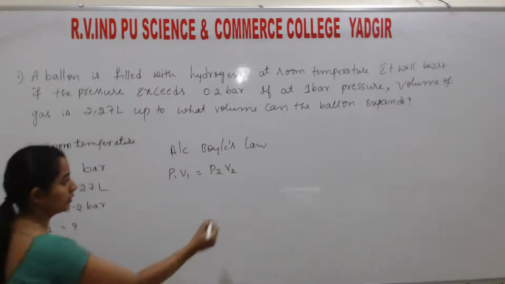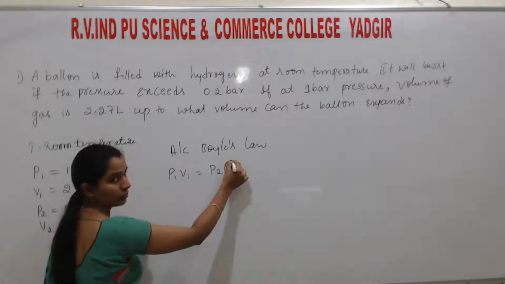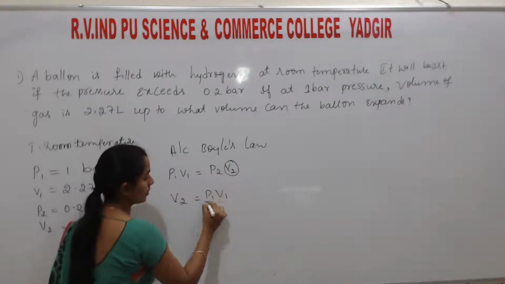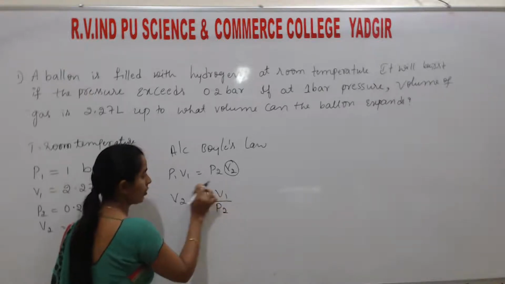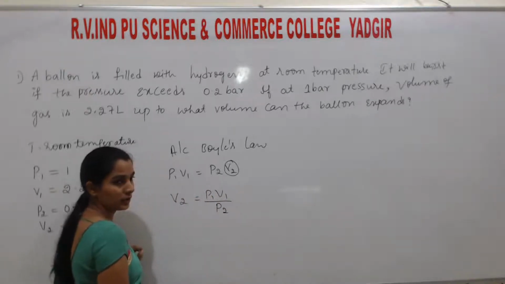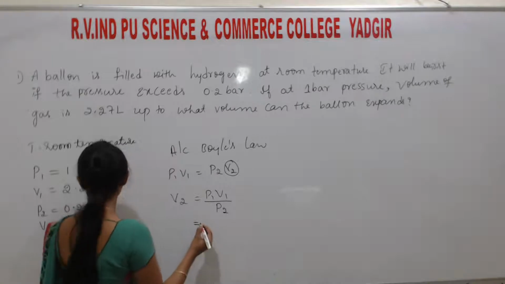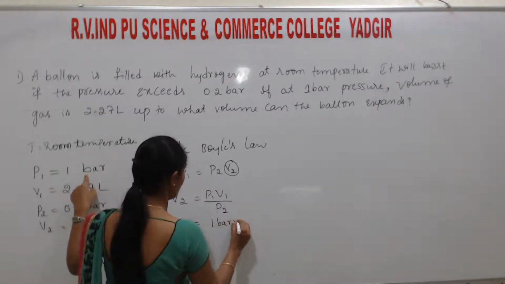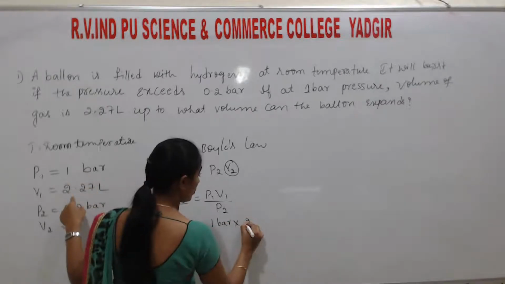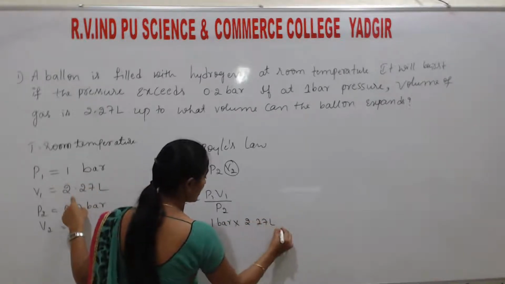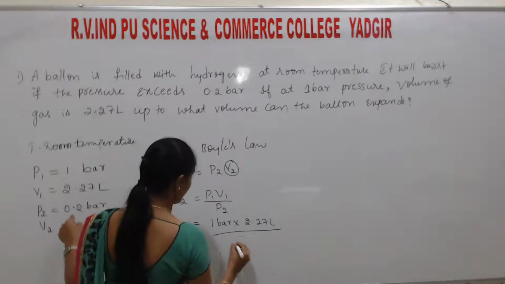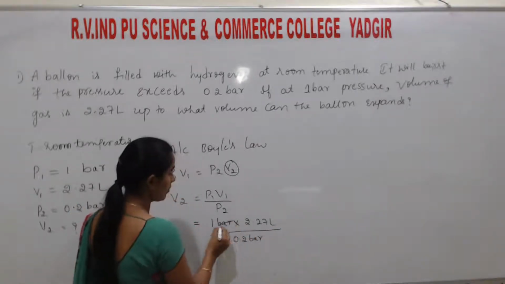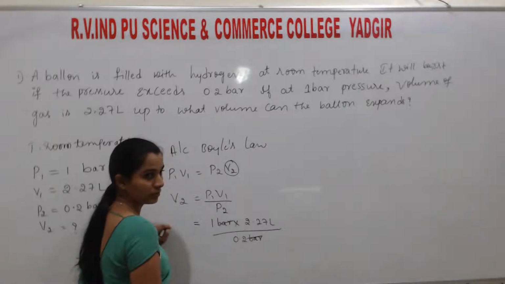What do you want here? This one, V2. So V2 becomes P1 V1 divided by P2. You know how to take. Okay. Next, P1 value is 1 bar pressure, V1 is 2.27 liter, divided by 0.2 bar. So you know bar gets cancelled.